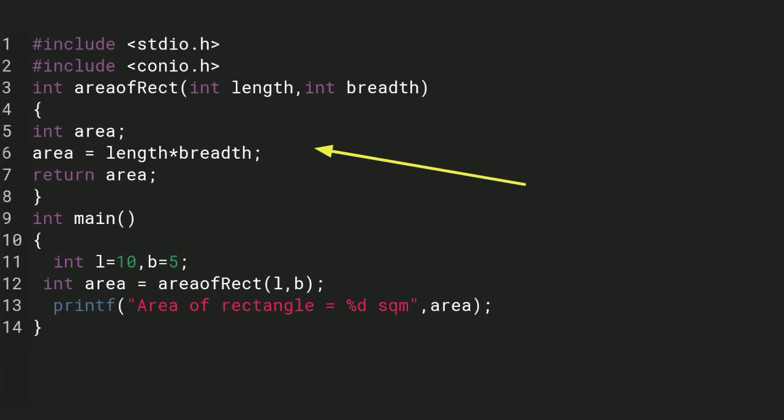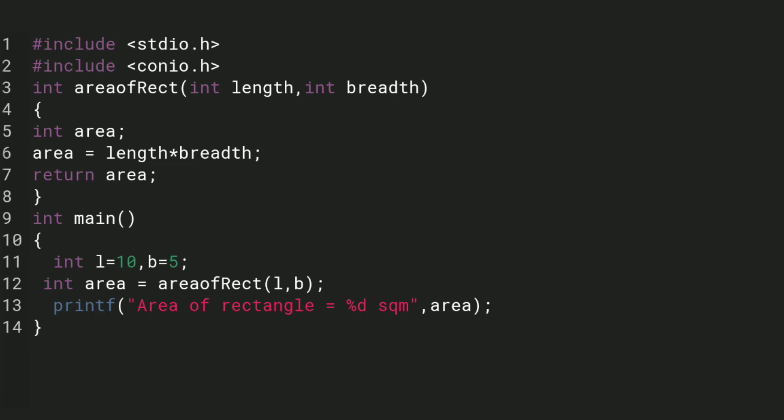I am providing two inputs, L and B. The value of L is 10, as you can see, and the value of B is 5, and I am passing these inputs to the areaOfRect function, which are received by length and breadth. Length now contains the value 10 and breadth contains the value 5.